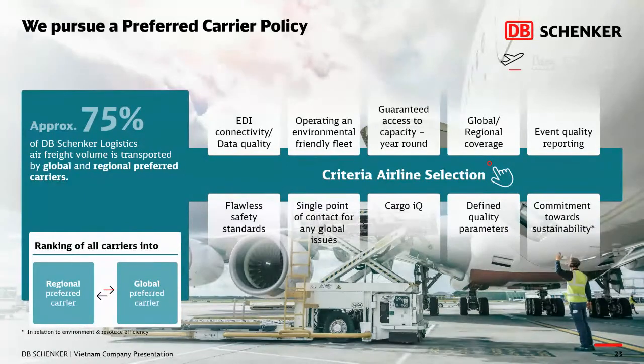So based on the strict filter validation of the airline's performance, we will have the best partner, and they will work together with Schenker to deliver the best solution, best service to our end customers.